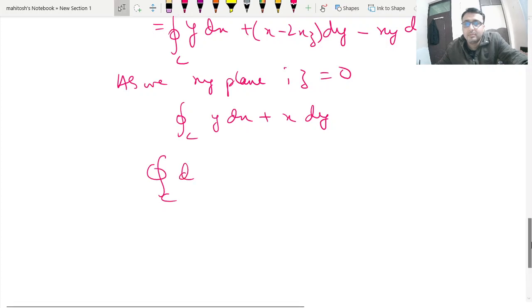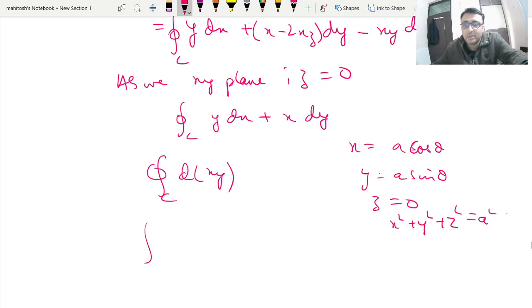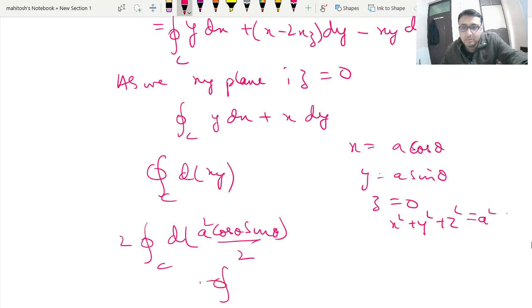So it will turn out to be, suppose what you have taken, x is equal to a cos theta, y is equal to a sin theta, and z is equal to 0, this way, right? So you can put this value. This is your a cos theta sin theta. So integral of differentiation is nothing but, you can write this as 2 times the differential of sine 2 theta.